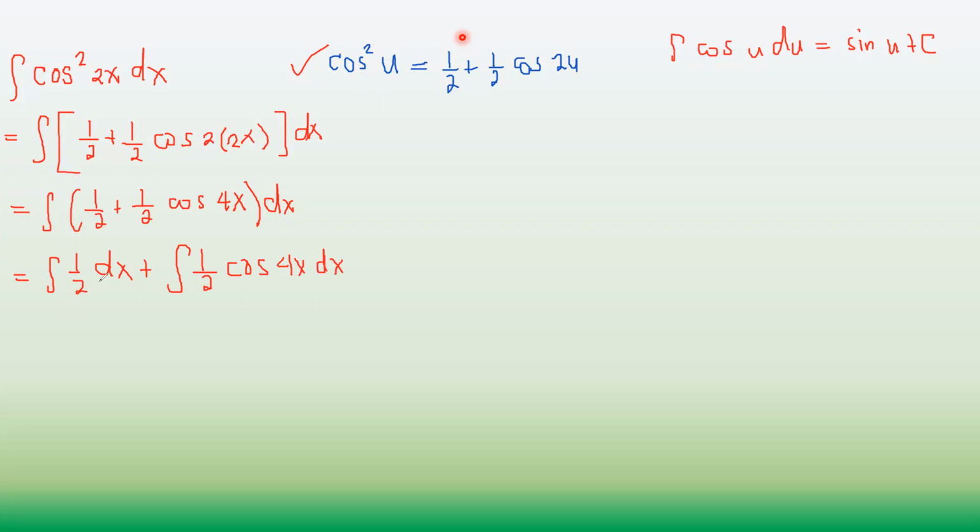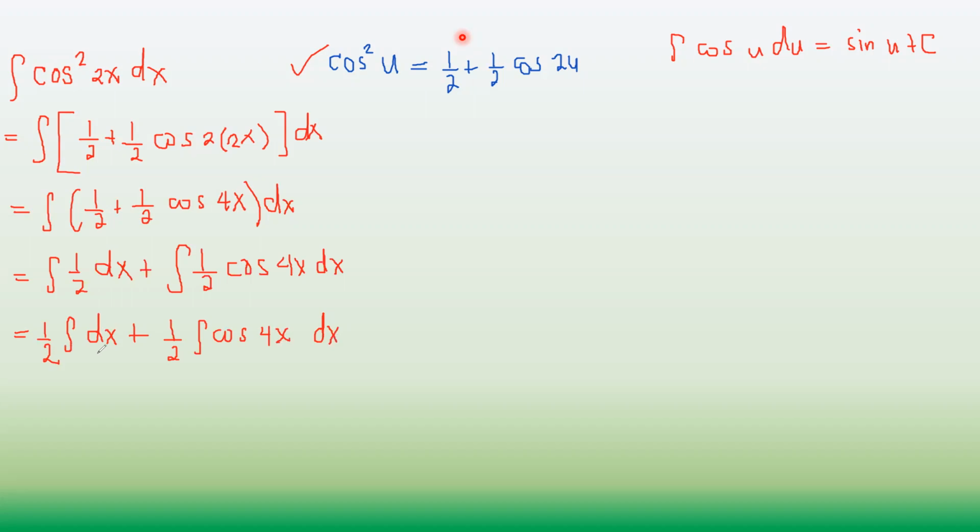And we're going to, okay lang, ilabas mo na lahat ng constant, no? Okay. So we have 1 half integral of dx plus 1 half integral of cosine 4x dx.